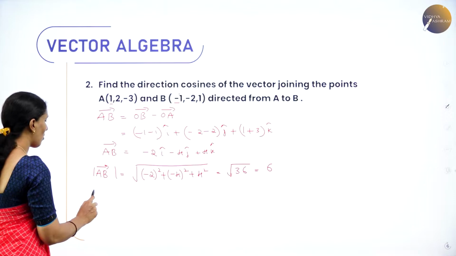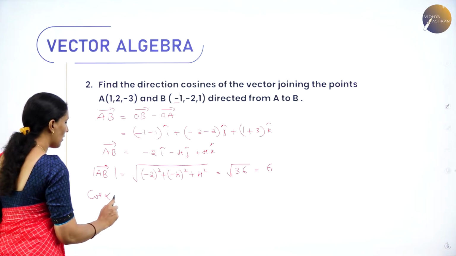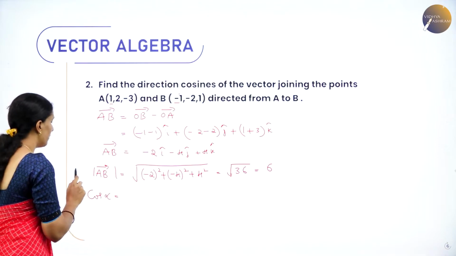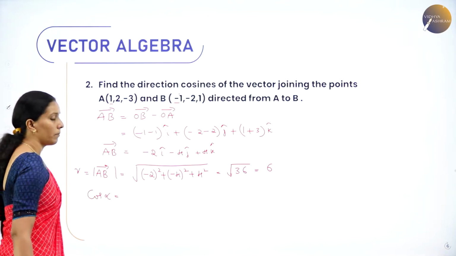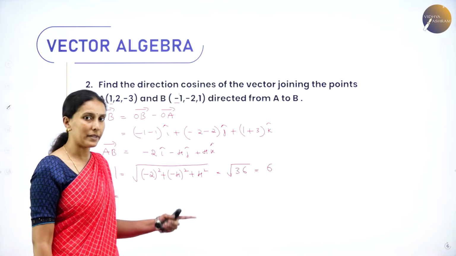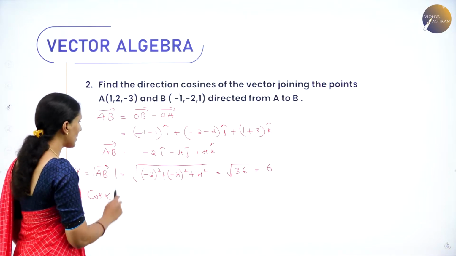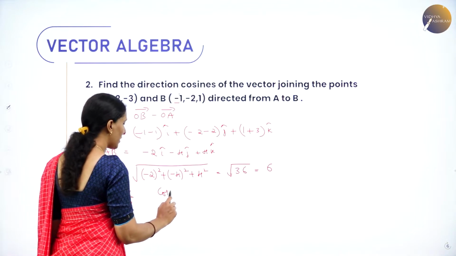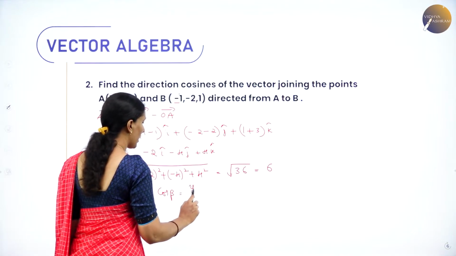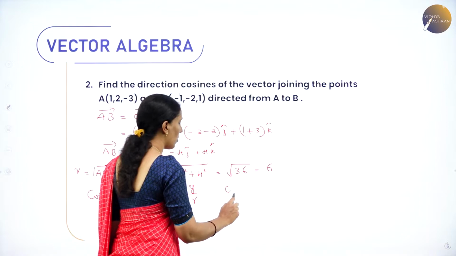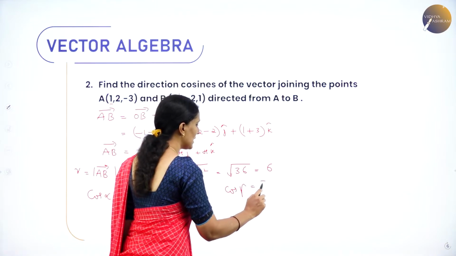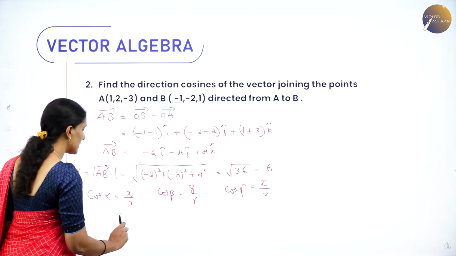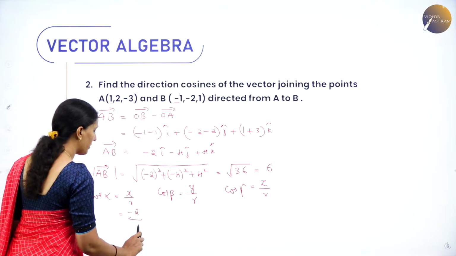Now what is cos alpha? Cos alpha is always x divided by the magnitude, which can be represented as r. So cos alpha is always x by r, cos beta is always y by r, and cos gamma is always z by r. So now what is x here? It is minus 2 divided by 6.